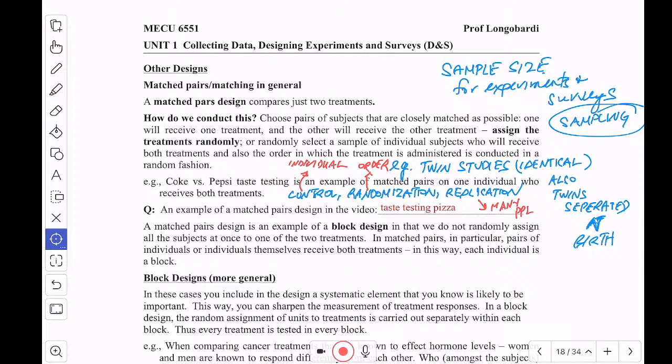Is that a summary? So the control is the individual who gets both treatments. The randomization is the order of drinking the cans that has been randomized previously. And the replication is the number of people, many people being asked to take the Pepsi challenge.